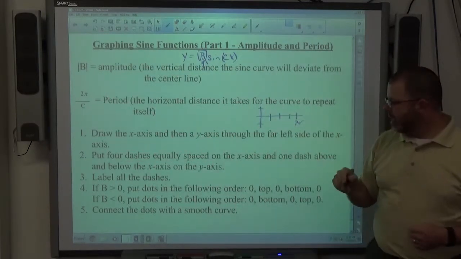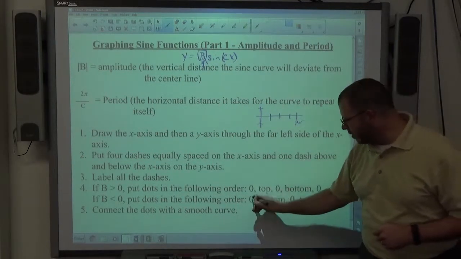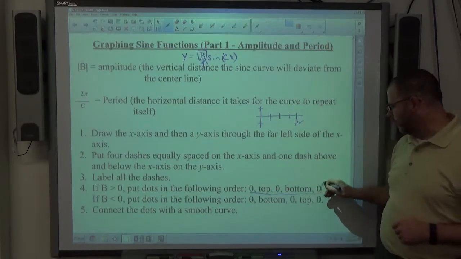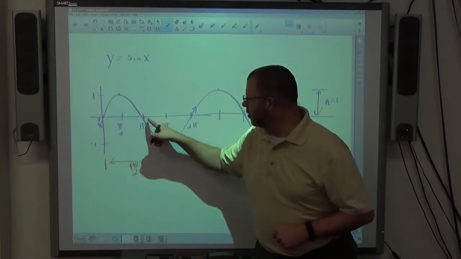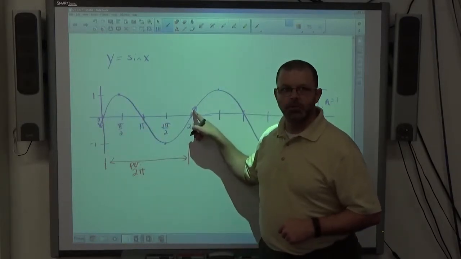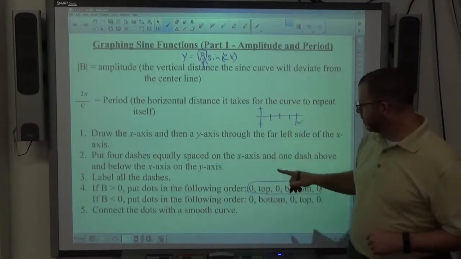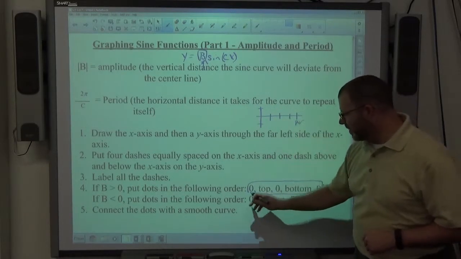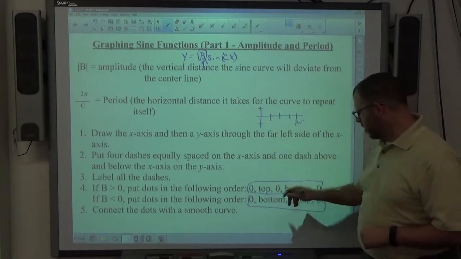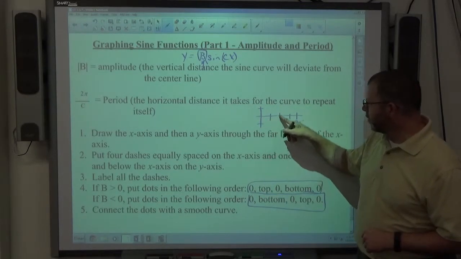If B is positive, the order is the normal order of sine, which is 0, top, 0, bottom, 0. If B is less than 0, the order is going to be 0, bottom, 0, top, 0.